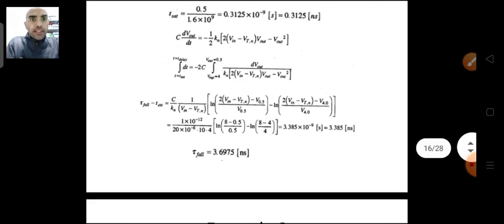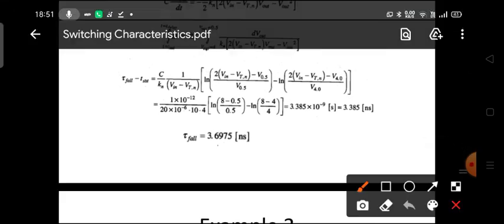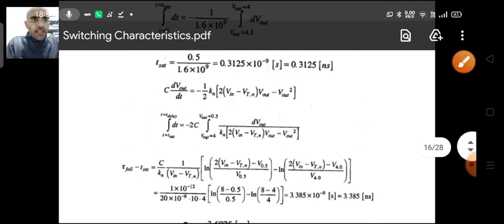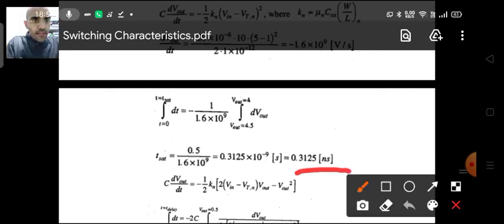And if we solve it, we find that the time for which the transistor works in the linear region is this value: 3.385 nanoseconds. Whereas for 0.3125 nanoseconds, it works in the saturation region.